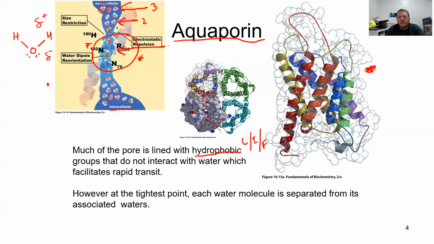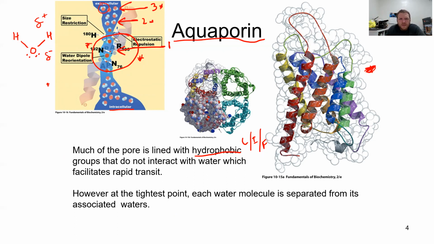Then at the most narrow region of this protein, it's only wide enough to fit 1 water molecule through. Why is that? Up here, where we have 3 and 2 wide, we've got lots of hydrophobic amino acids, so they're pushing water, forcing them into a region.